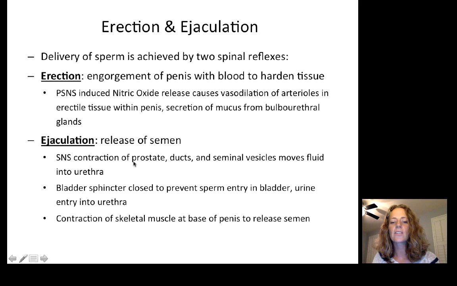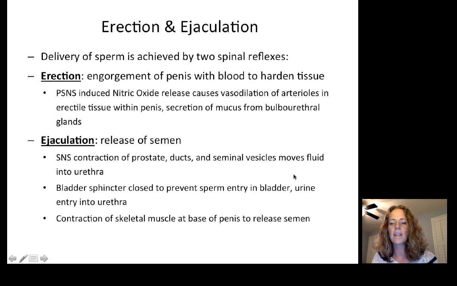And this is contraction of the prostate, contraction of the ducts, and contraction of the seminal vesicles to move fluid into the urethra. And this fluid will carry the sperm into the urethra so it can exit out of the male reproductive tract. The bladder sphincter will close because the urethra is a shared passageway for urine and semen, and it will prevent entry of sperm into the bladder.